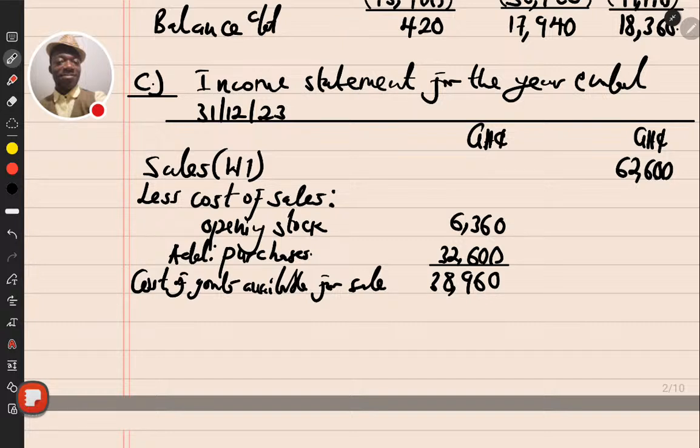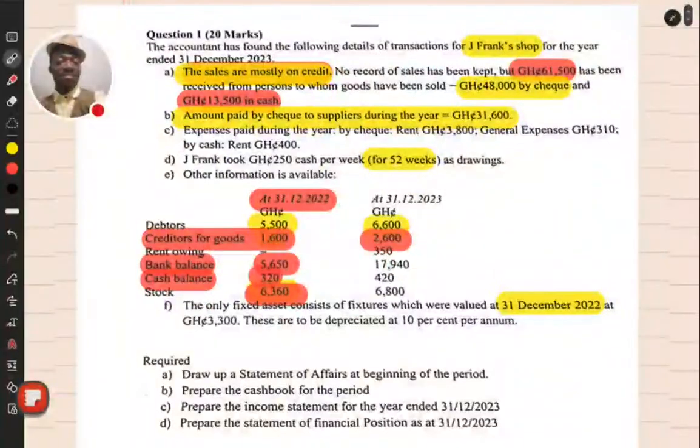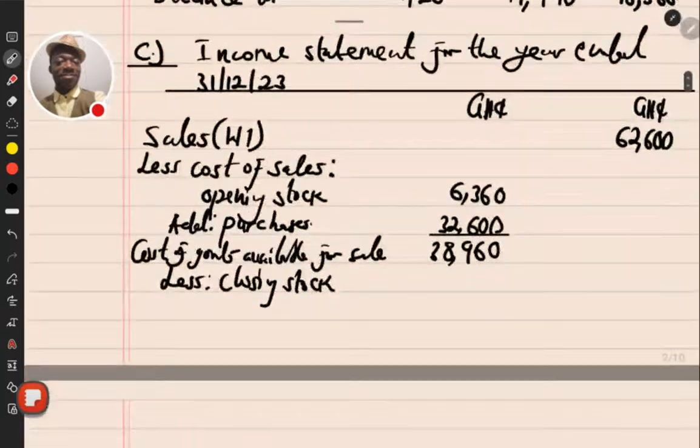All right. So once we are through with that, then we less what? We less closing stock. So what was the closing stock in the question? We were told that the closing stock figure here is 6,800. So we subtract that up from here.